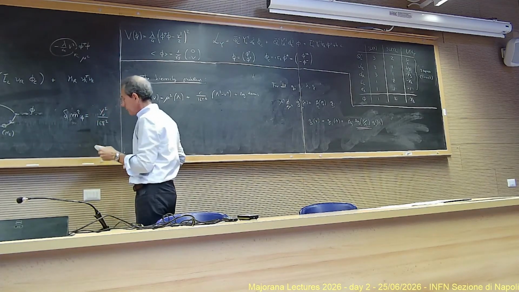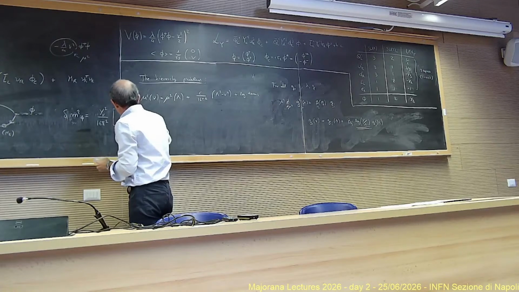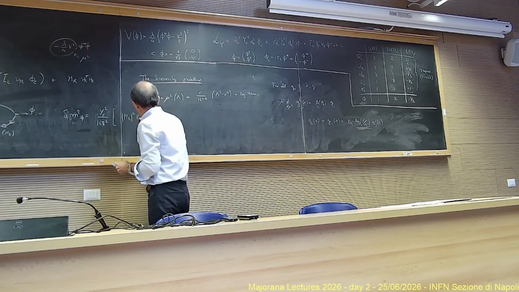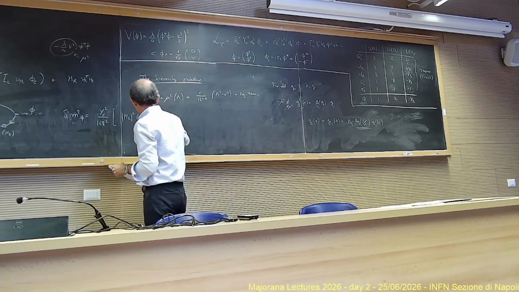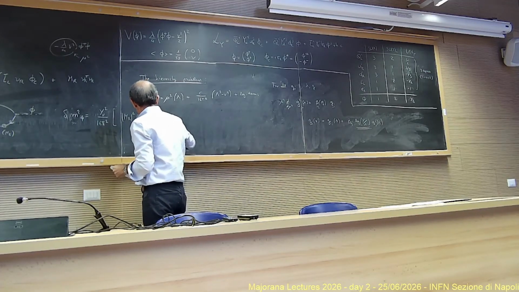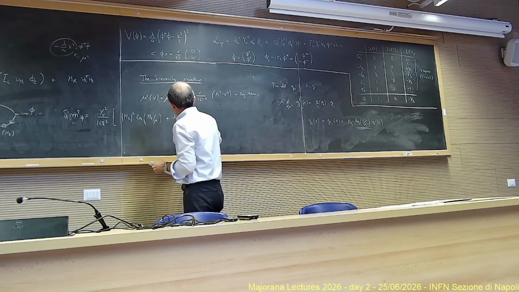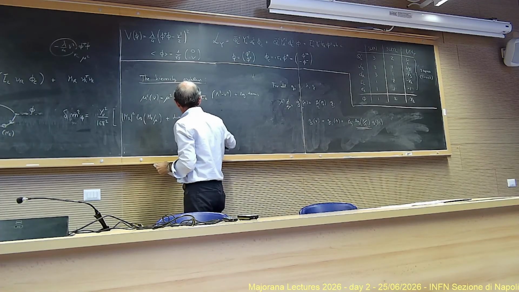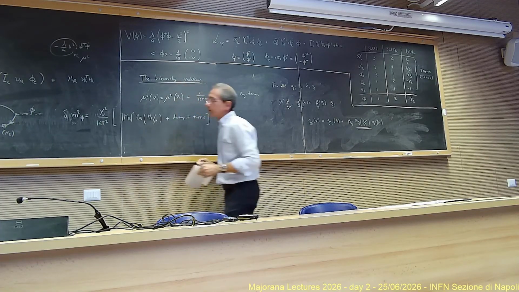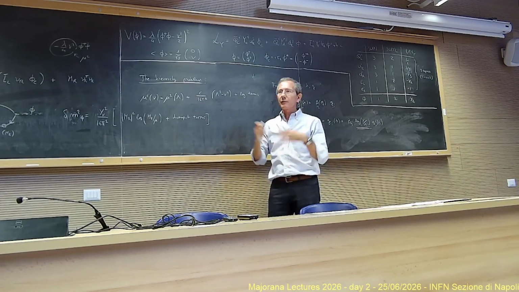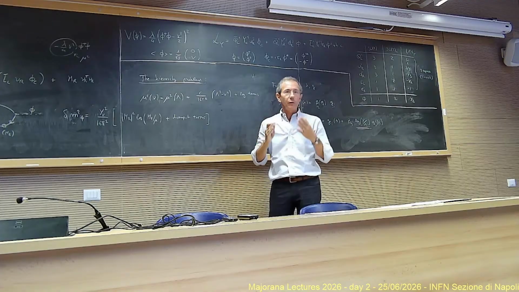You get the loop factor, and then you get this m_heavy squared log of lambda, plus a divergent term. Okay? If you do the calculation in dimensional regularization, you never see lambda, the cutoff.